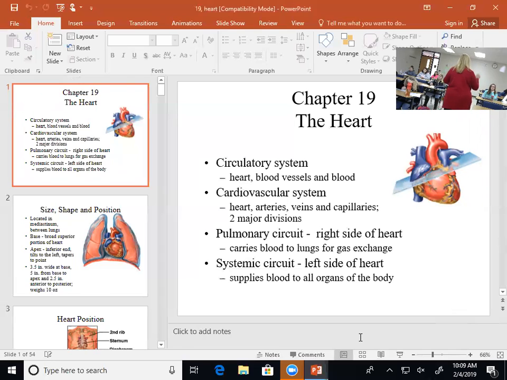So first though, we're going to look at what should be happening in a normal situation. In a normal situation, your heart, which is two pumps working in complete synchrony, is going to be pumping blood effectively so that it is moving at the right pace through the system, and it's going to be able to do its job.